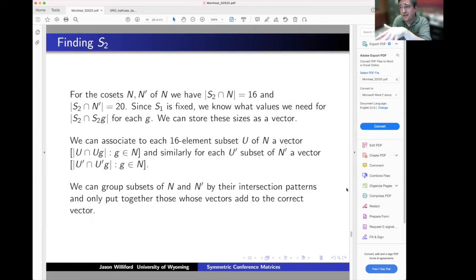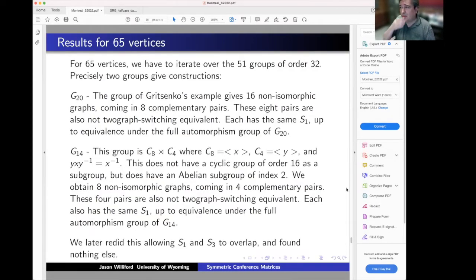You know the intersection sizes, but there are also other group elements that are preserving all those cosets. And if you look at the number of common neighbors from those, they're quite controllable and easy to use. So now, what did we end up finding?